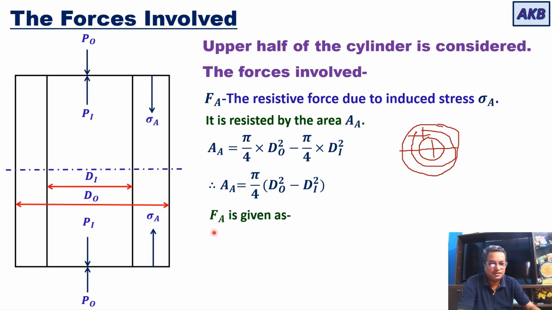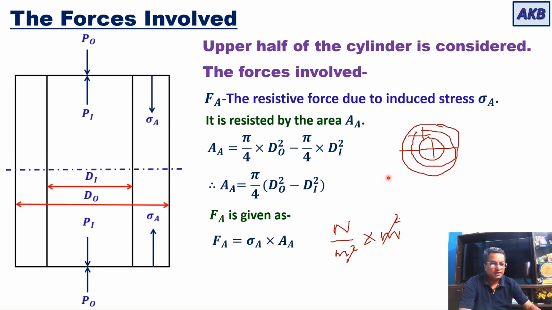Now, Fa, the resistive force, will be given as Fa is equal to sigma A into Aa. Because sigma A will have units of Newton per meter square, for example, and then you are multiplying that with the area, which has units of meter square. So meter square and meter square will get cancelled out and you are left with Newton, which is nothing but the force.